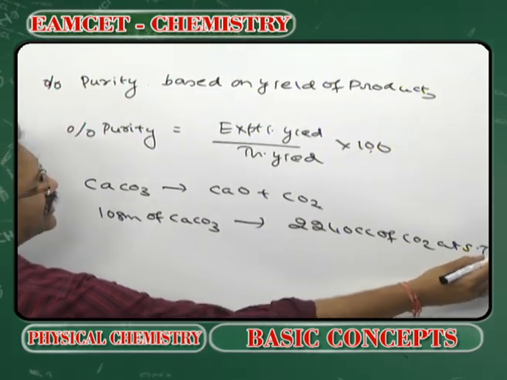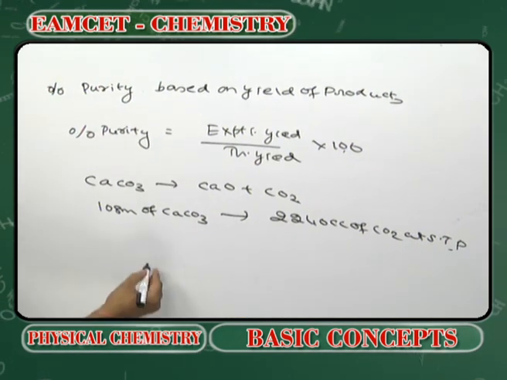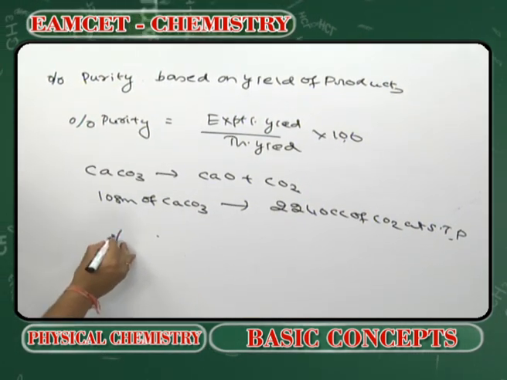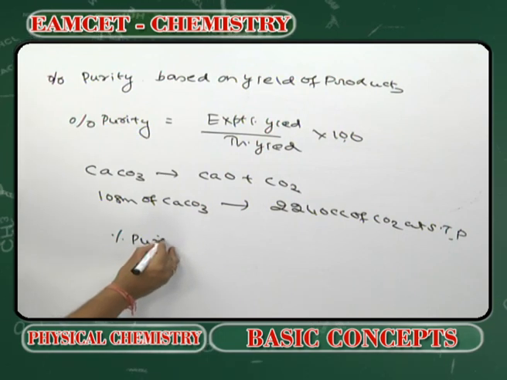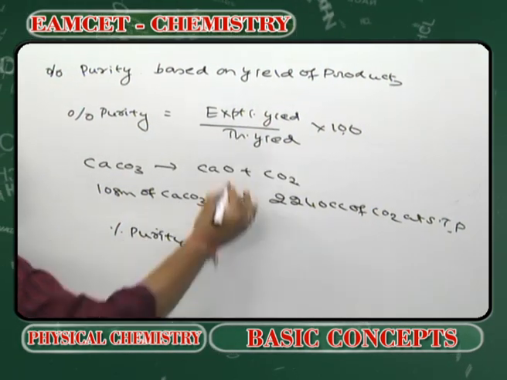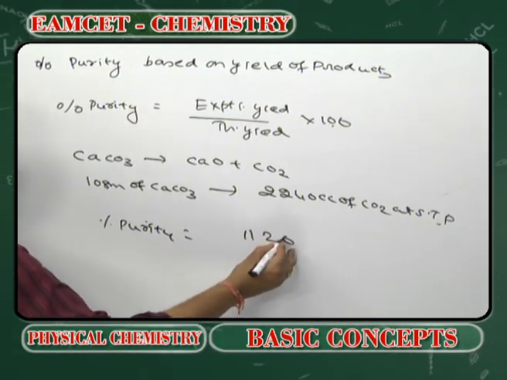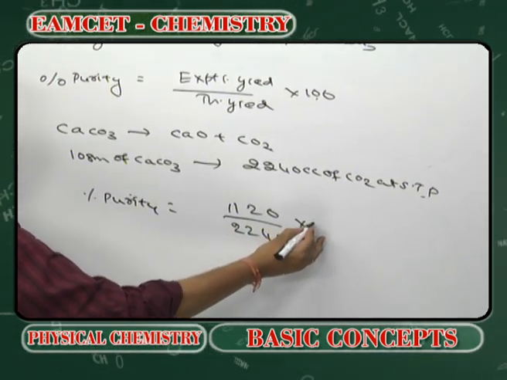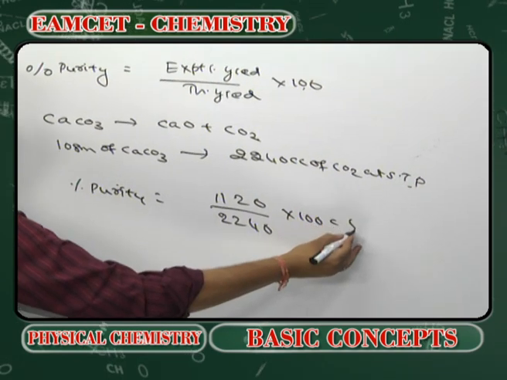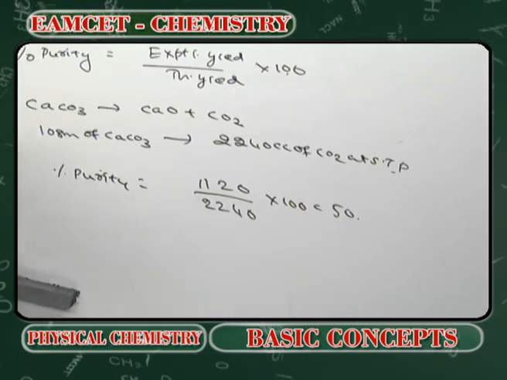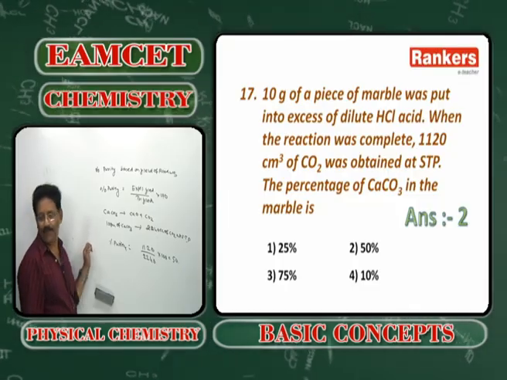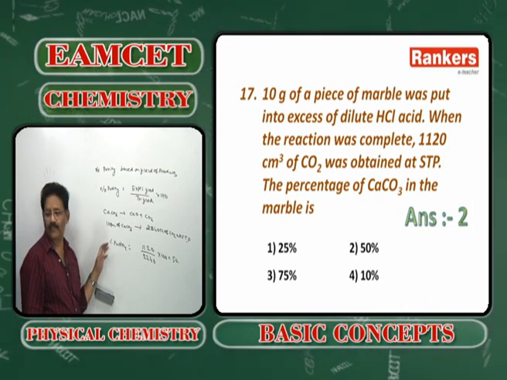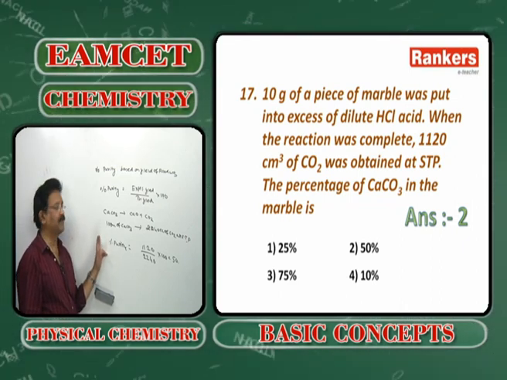This is the theoretical yield. Percent of purity is equal to experimental yield 1120 by theoretical yield 2240 into 100. It is 50% pure.